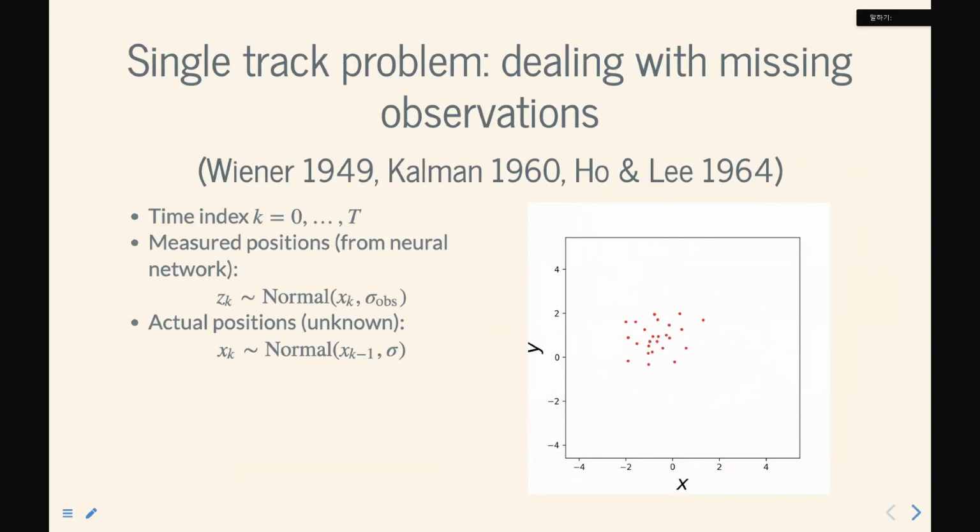Okay, single track, easy problem. This goes way back. Wiener, the famous Kalman filter, right? This is a solution for a linear state space model. This would be an example of a linear state space model, where these are both normal, and I think that these means have to be linear functions.